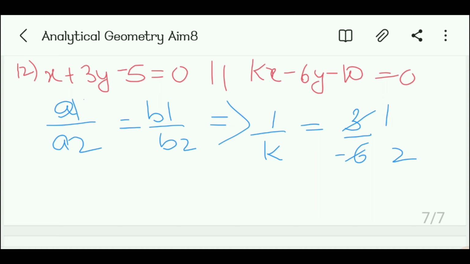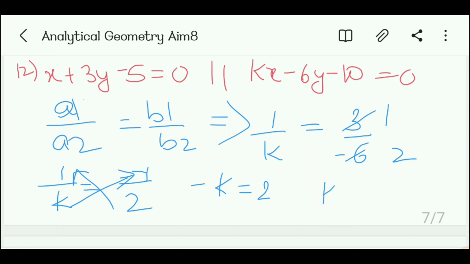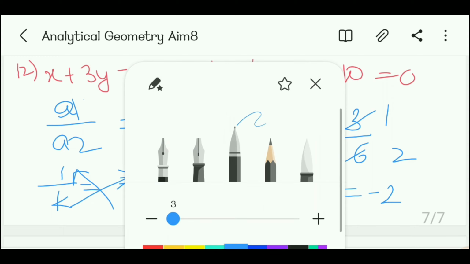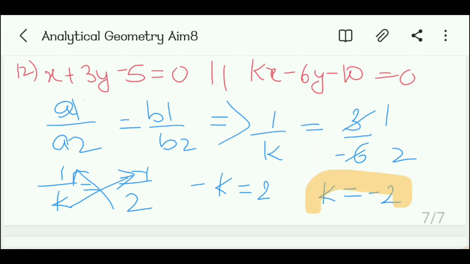So 1 by k is equal to minus 1 by 2 in standard form. Let it be in standard form. Now what we will do is cross multiply. So k into minus 1 is equal to minus k, and 2 into 1 is 2. So minus k is equal to 2, but if I want the k value, I will send that minus only to the RHS, right?